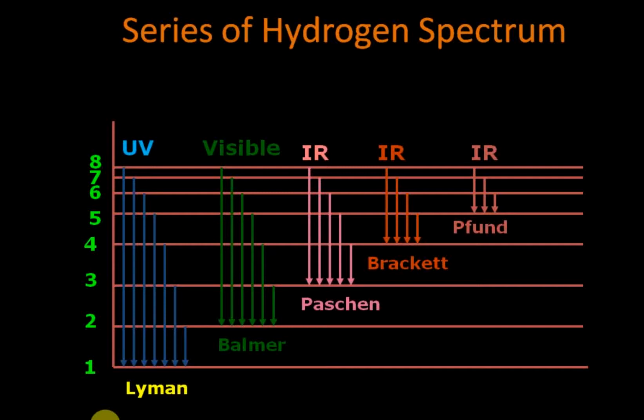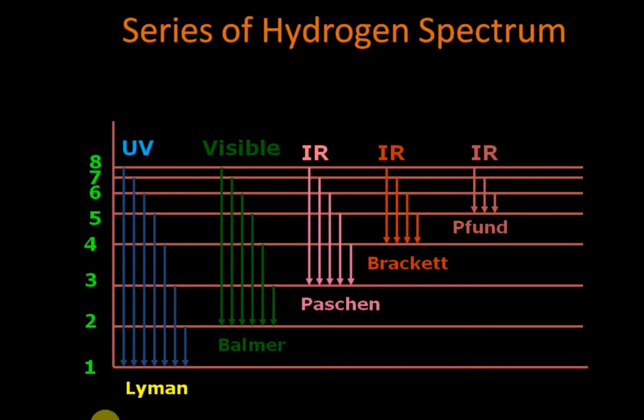The third one is the Paschen series, the fourth one is the Brackett series, and the fifth one is the Pfund series. In the Paschen series, electrons from higher energy levels in the excited state come back to n equal to 3 energy level. And in the Brackett series, the emission spectrum lies further in the infrared region, and the excited electrons come back to n equal to 4, and in the Pfund series they come back to n equal to 5.